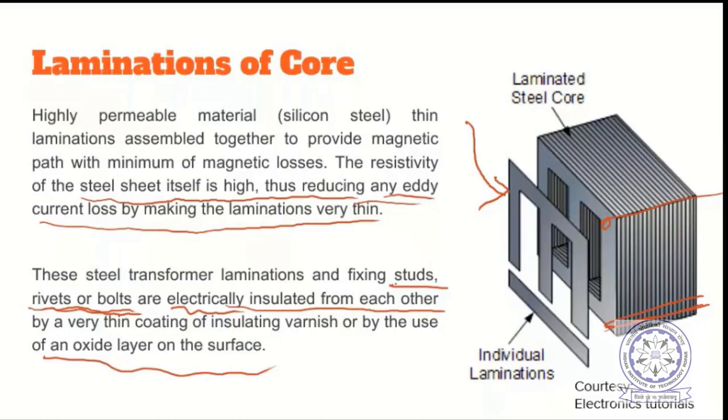So either by varnish or by oxide layer. Metals are conducting, but metal oxides are insulating, so a metal oxide can serve as insulating material. An oxide layer on a metal will work as insulation.